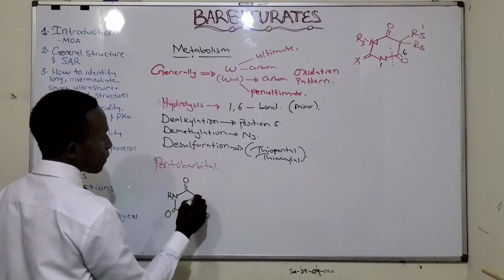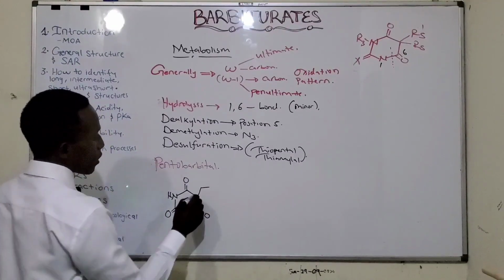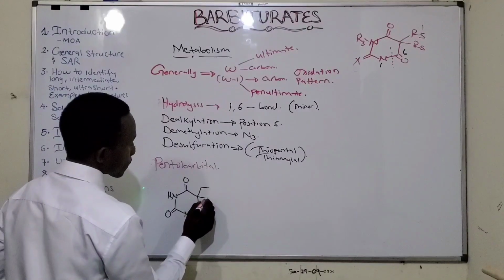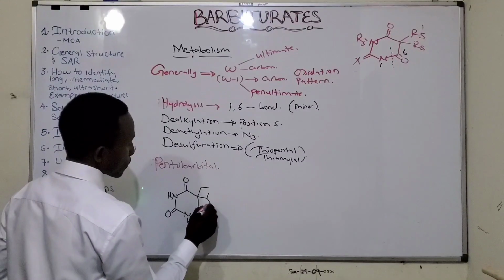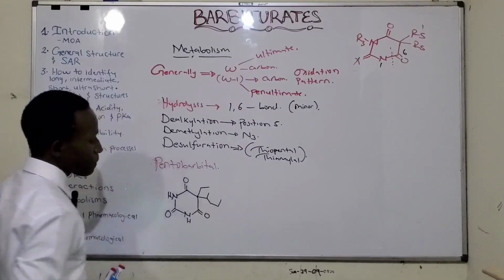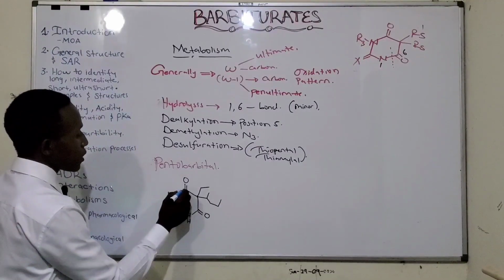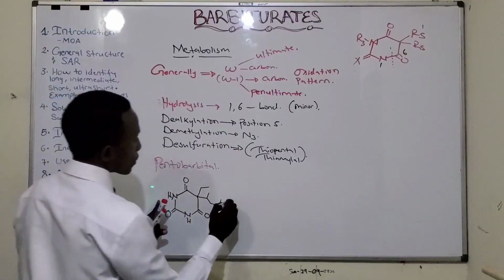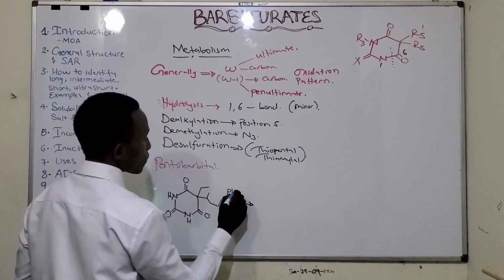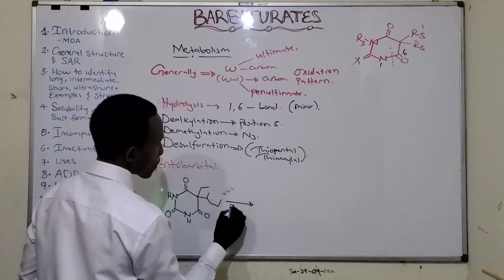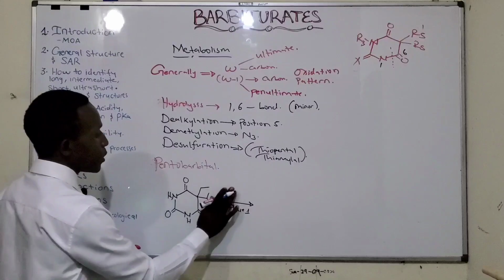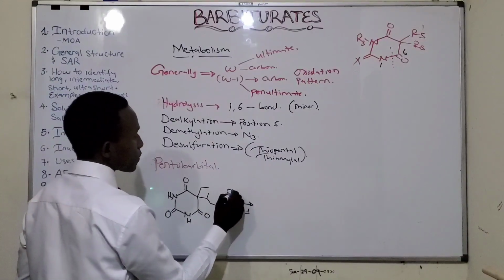Here we have ethyl, then we have a 5-membered ring, 1, 2, 3, 4, 5. This is the pentobarbital. At first, it undergoes phase 1 metabolism. Here there will be oxidation.